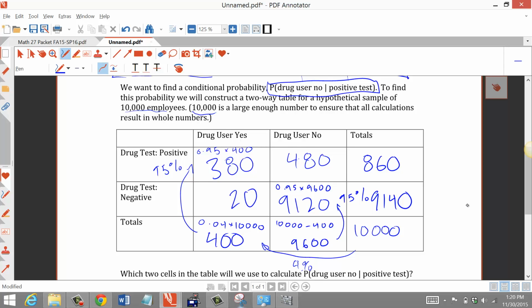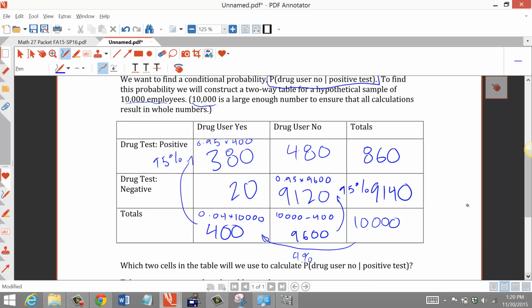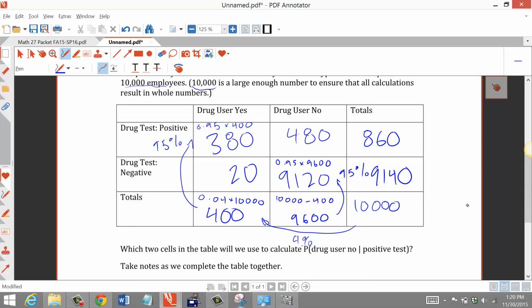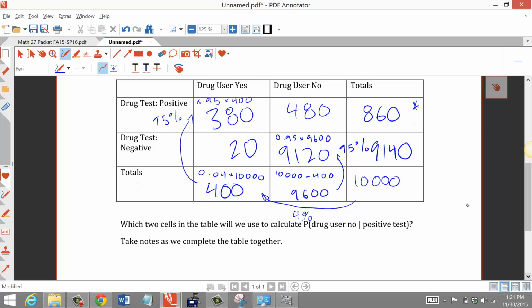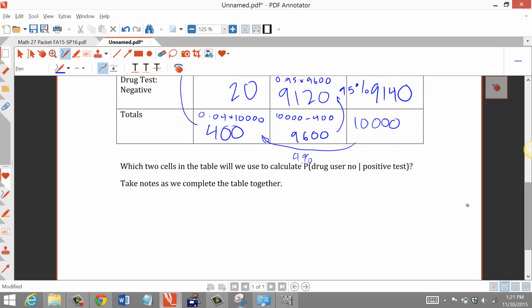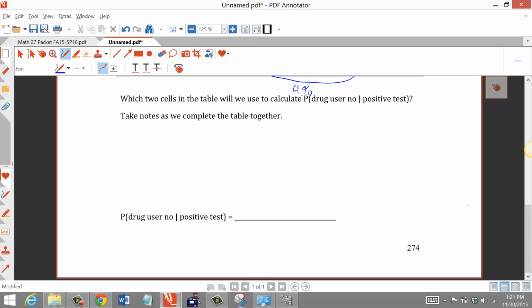Okay. Now, we want to calculate, given that you are one of the people who tested positive, right? So given that you're one of these people, these are all the people who tested positive, what percentage of these people who tested positive were actually not drug users? Okay? So if we go down here to where we want, we have the people who tested positive. That tells us the denominator. That was 860. Okay?